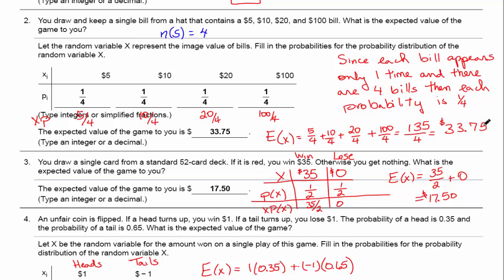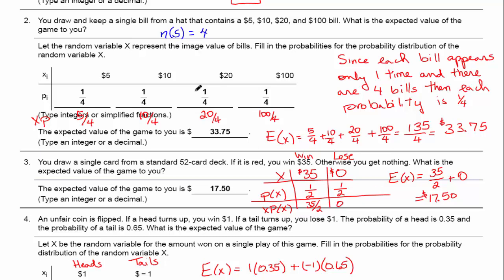So you say, what? There's no bill in there like that. That's why this is called the long-term average. If we do this experiment one time, you may get a 5. We do it again, you may get a 20. We do it again, maybe you get a 100. And we do it again and you get a 5 again.